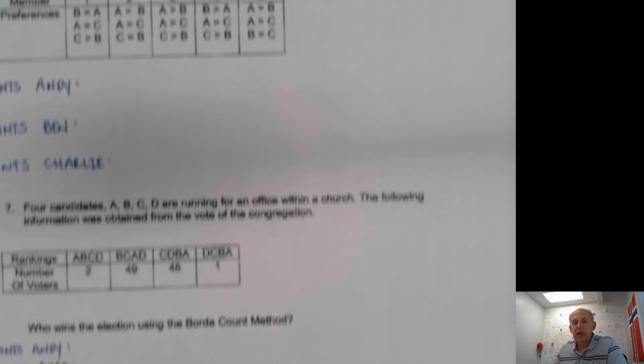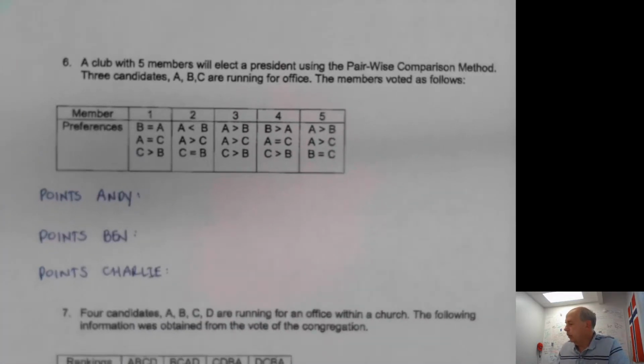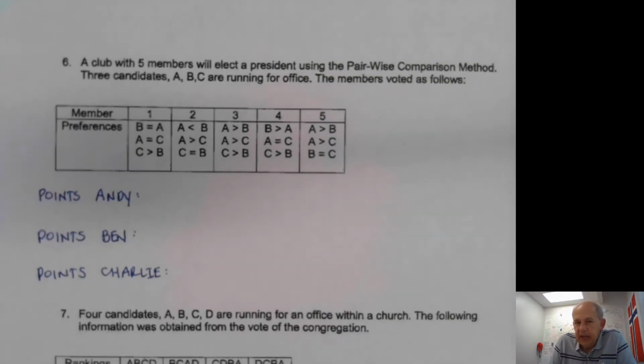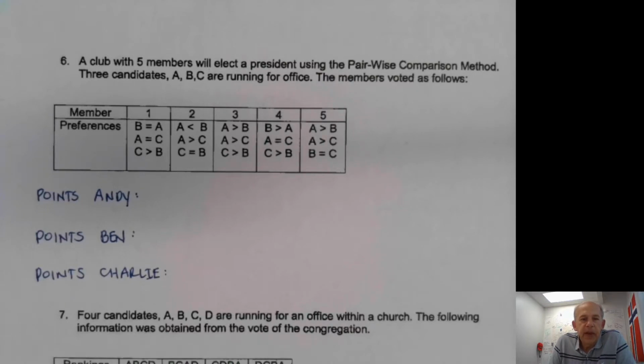Now, the next one, this is a wild looking chart, but it's easy to work with. We have 3 candidates, and they are compared to each other, Andy, Ben, and Charlie. And we're going to assign some points based upon this chart.